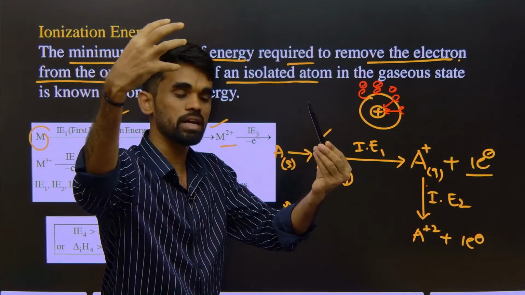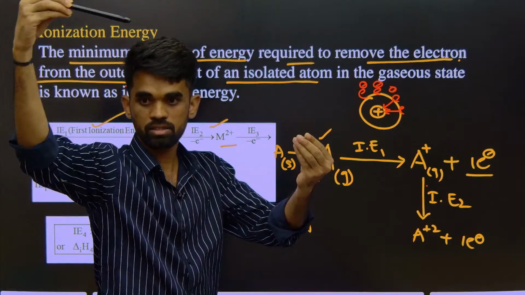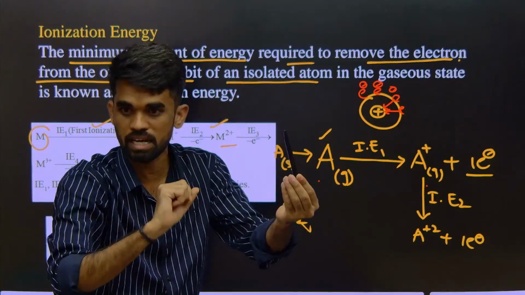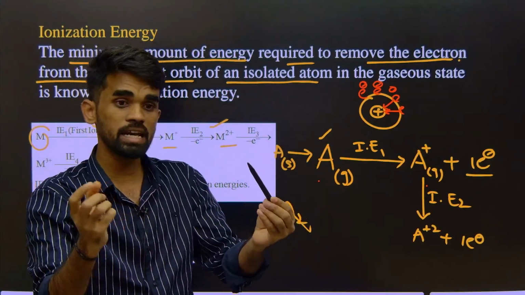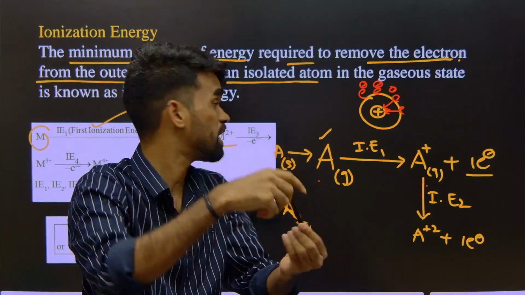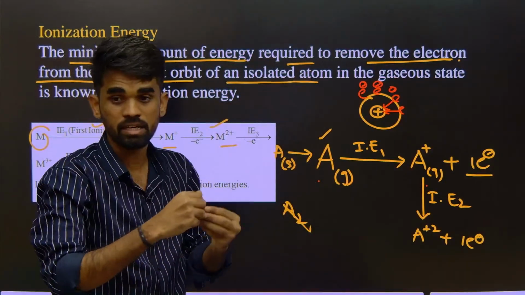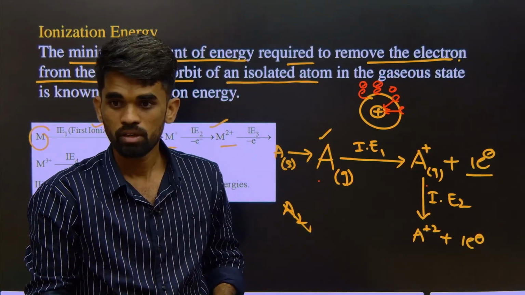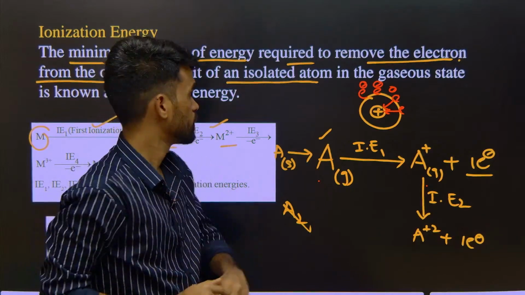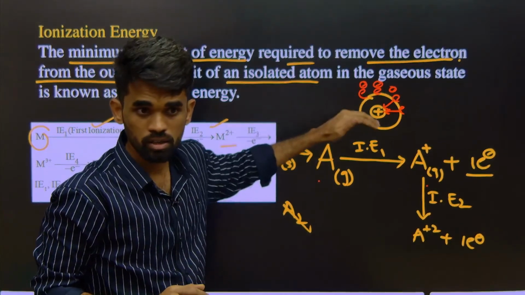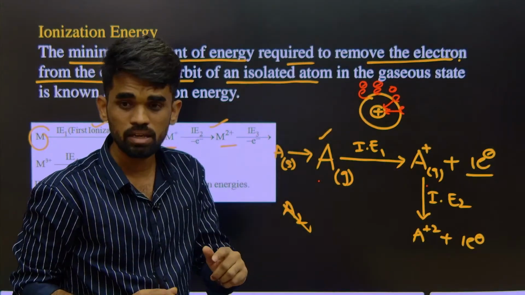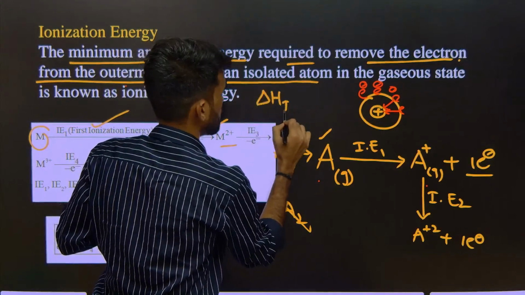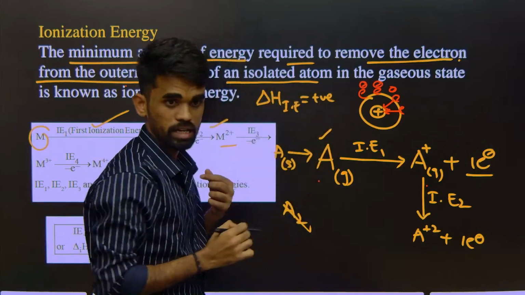So are we supplying the energy, or is this process releasing the energy? Supplying. We are using the minimum energy required, so we should call it an endothermic process. You know endothermic and exothermic now. So ionization energy is an endothermic process. Means positive or negative? Positive. So delta H of ionization is positive.